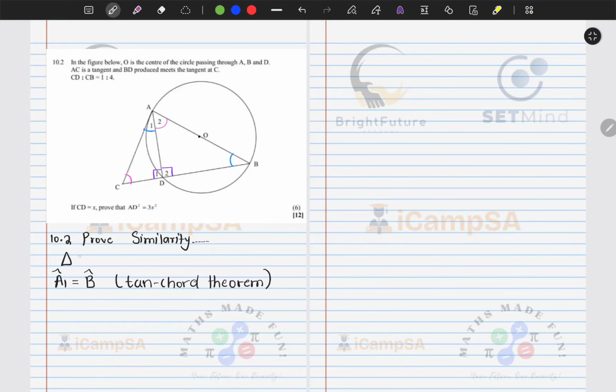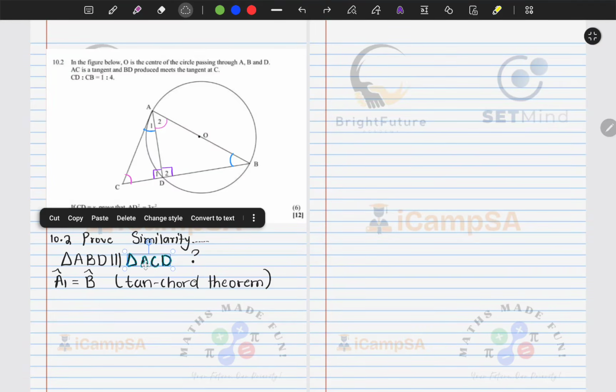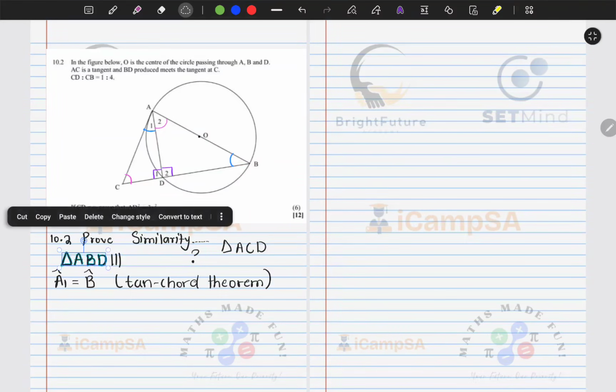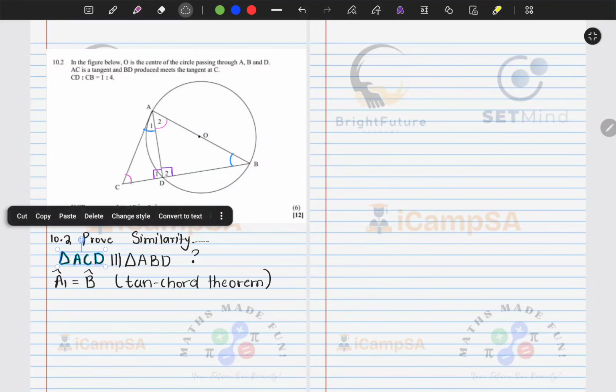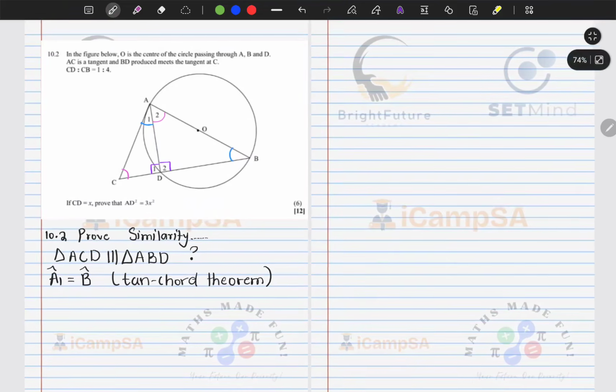So this would be triangle ABD being similar to triangle ACD. Okay, that is what we are trying to show here. So if you observe carefully, let me just switch these around. So just move that. Okay, so if you look at that, that is the case.